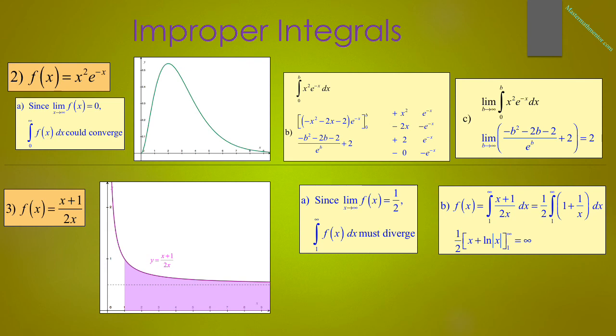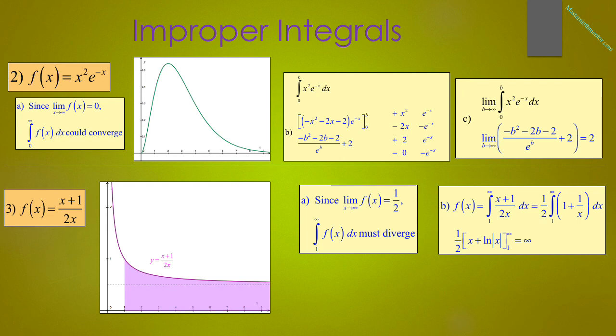In 3b, we're asked to show that formally. So we will be looking at the integral from 1 to infinity of x plus 1 over 2x. The best way of determining this integral is to factor out the 1/2 and look at 1/2 the integral from 1 to infinity of 1 plus 1 over x dx.